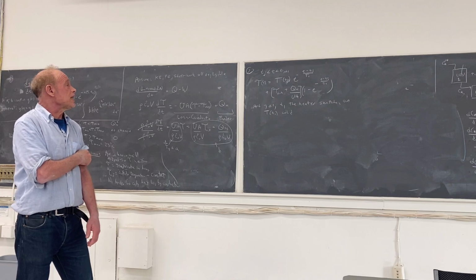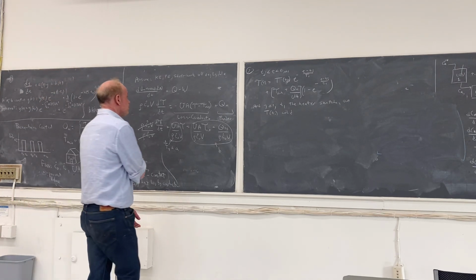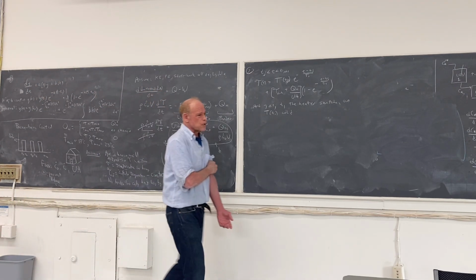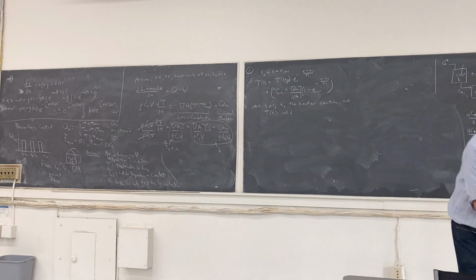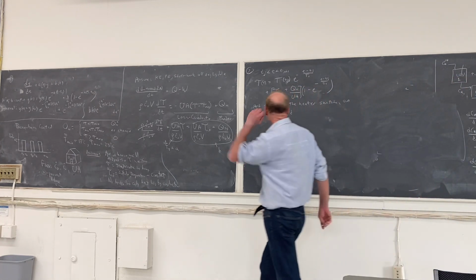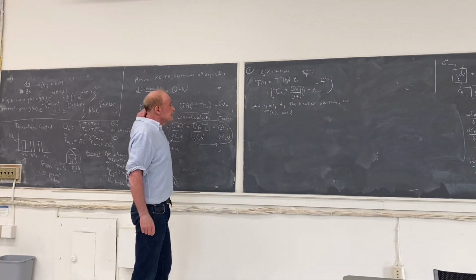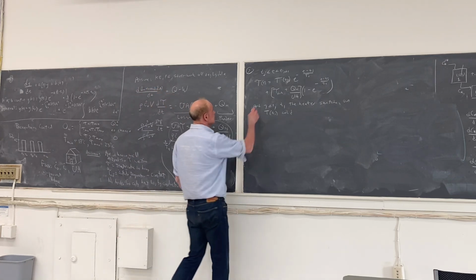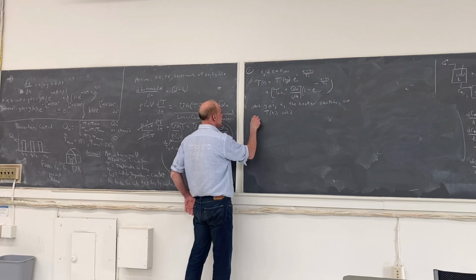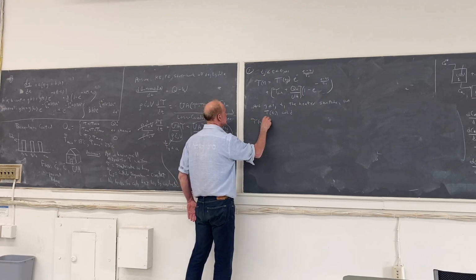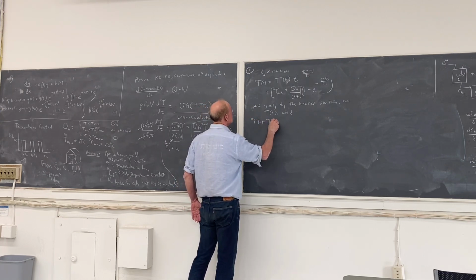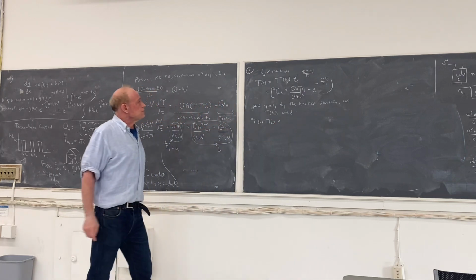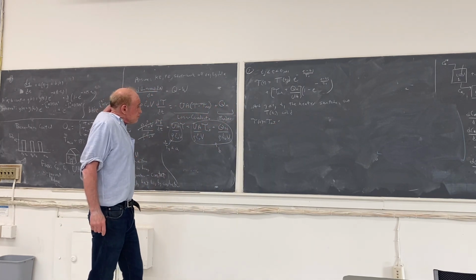So, okay, let's notice what happens here. I thought I wanted to put it in a different form. Yeah, let's put it in a slightly different form. Let's subtract T out from both sides. So I have T minus T out is equal to. And why do I do that? Well, I do that for the following reason.